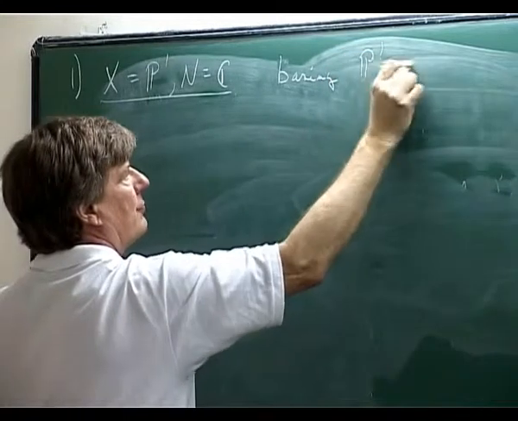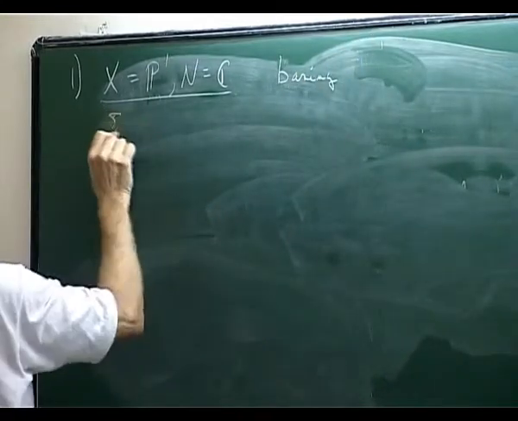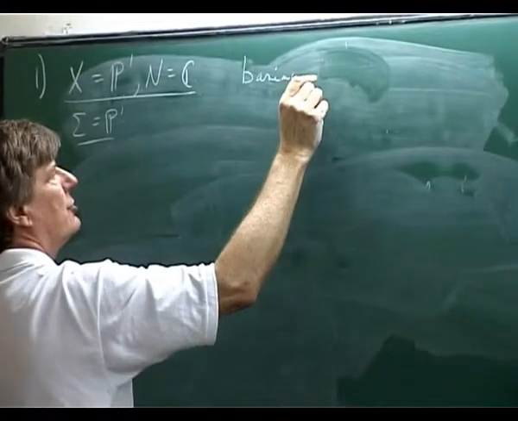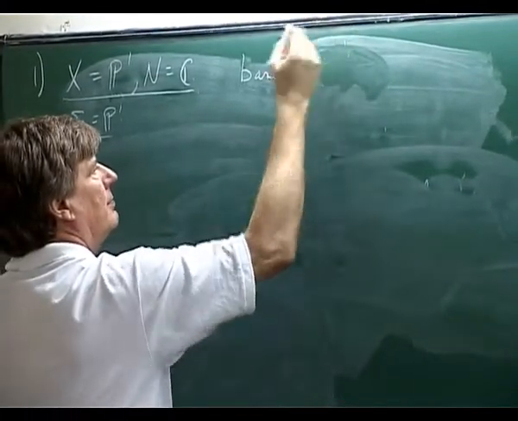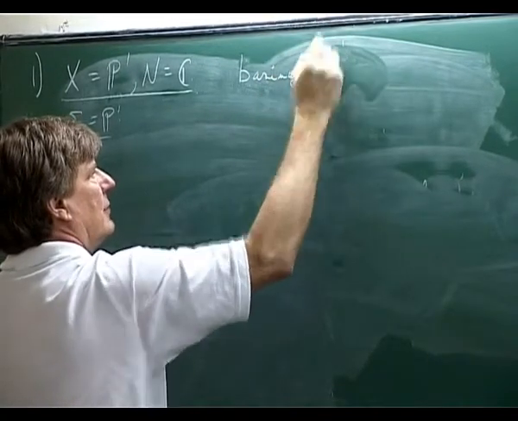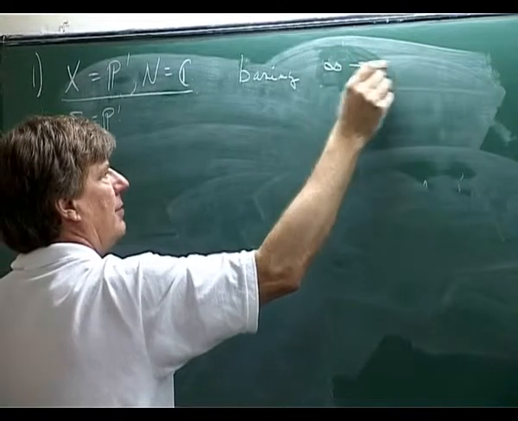And the basing condition: I want maps from sigma equals P1. So the basing condition is, I just want, say, infinity mapping to 0.